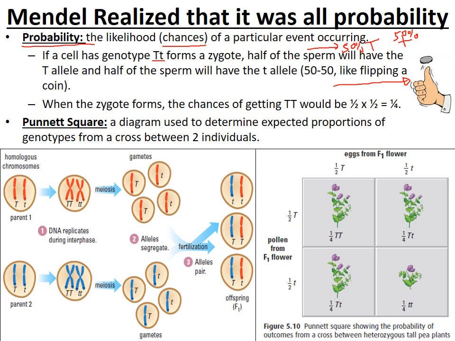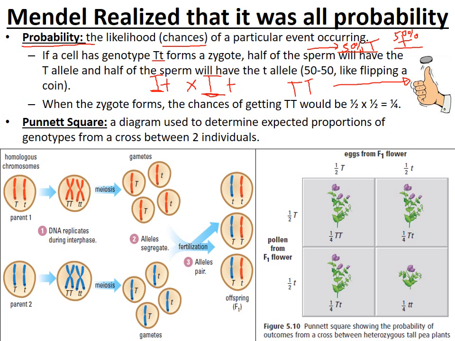Now the idea with this is that if you have a 50% chance of getting big T and a 50% chance of getting little t, you can make predictions about what your offspring might end up being. So let's say you had 2 individuals that were big T, little t, cross them together, and you want to figure out the chances of getting big T kids. Well, you have a 50% chance here and a 50% chance here. So usually when you want to figure out the chances of getting 2 things to happen together, this and this, you would multiply them.